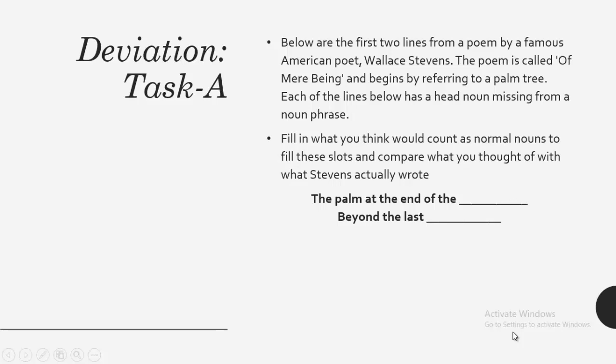So pause the video here and think of what could come in the blanks, and then we will move on to the actual text Stevens had written in the first two lines of this poem.